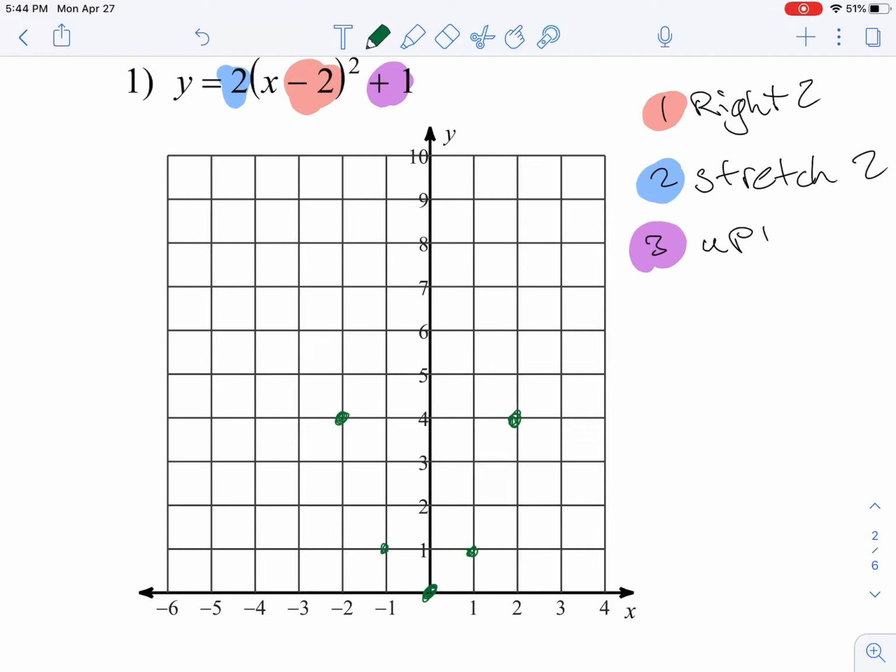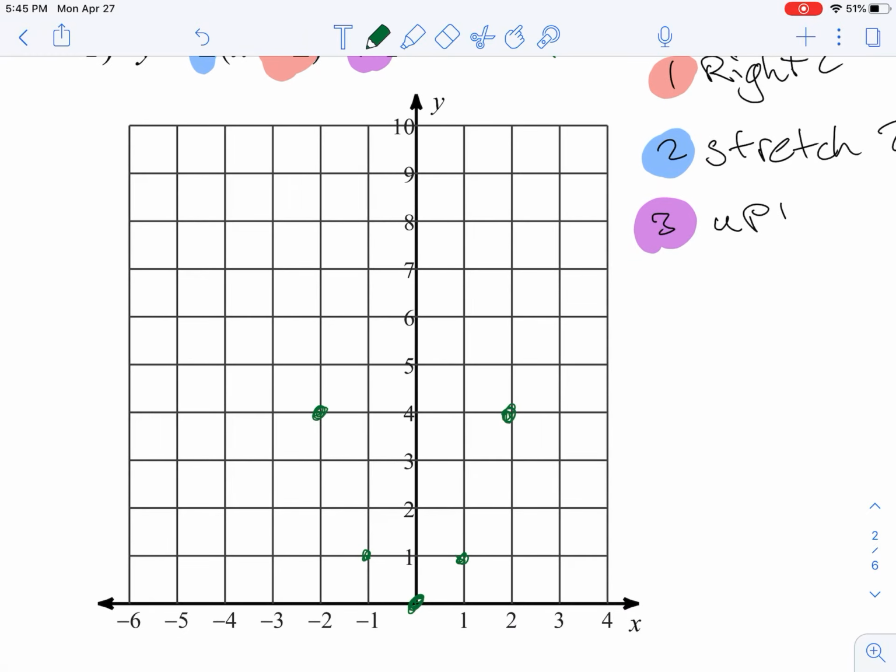Now I'm going to put on my first step, right 2. So I'm moving each point right 2, and I'm going to put a 1 there because that was my first step. So that's a 1. There's a 1. Oh, sorry, that one's in the wrong place. 1, 2. 1, 2. 1, 2.